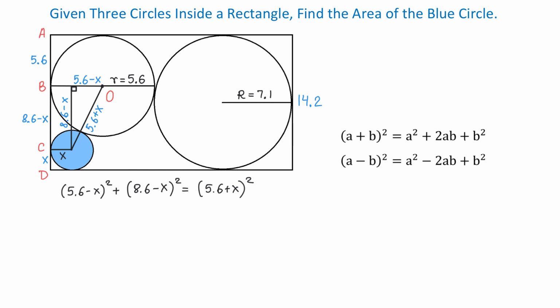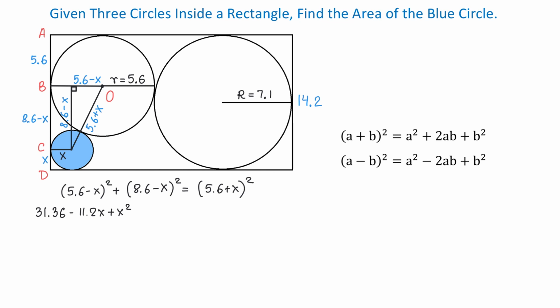So let's start with (5.6 minus x) squared. 5.6 squared is 31.36. Then 2 times 5.6 and times negative x is negative 11.2x. So we will write minus 11.2x. Then x to the second power is x squared.